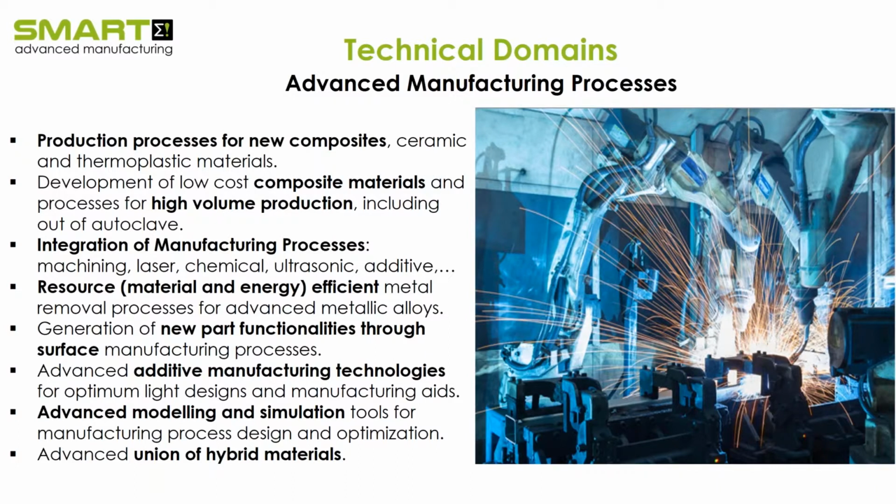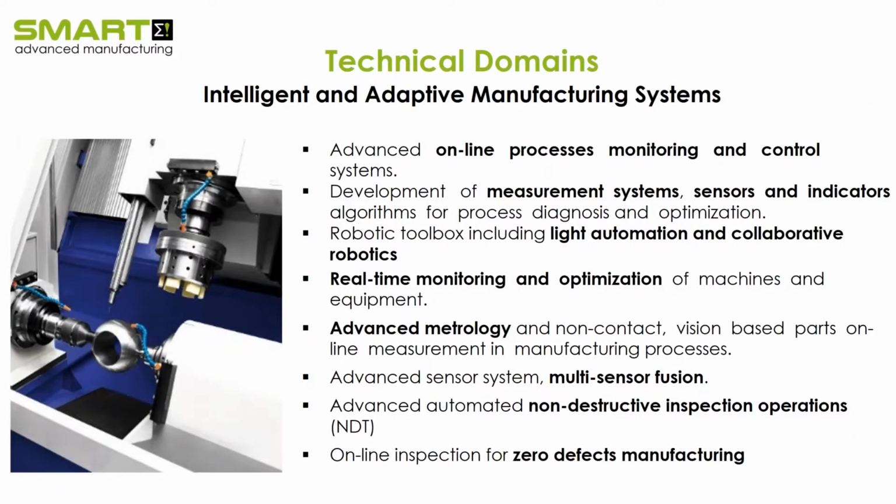If you want to increase the production volume, or if you have to provide new functionalities to the component, to the product, through surface manufacturing processes, microtexturing, coatings. This domain will cover all the manufacturing processes, thinking always in advanced manufacturing processes that need to be developed or improved in the production of components.